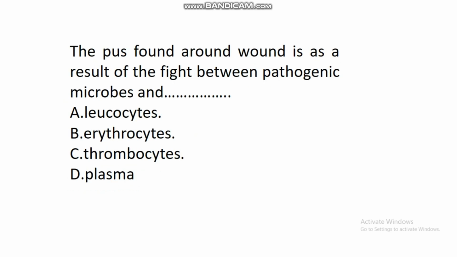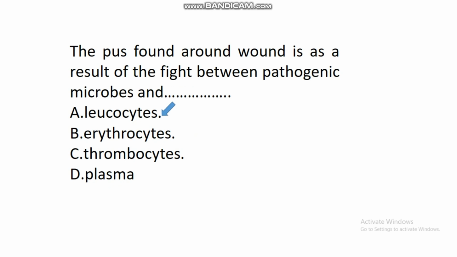The next question says, the pus found around wound is as a result of the fight between pathogenic microbes and dash. A. Leukocytes. B. Erythrocytes. C. Thrombocytes. D. Plasma. In this question, the correct answer is A. Leukocytes.